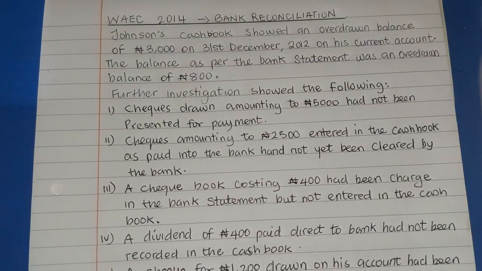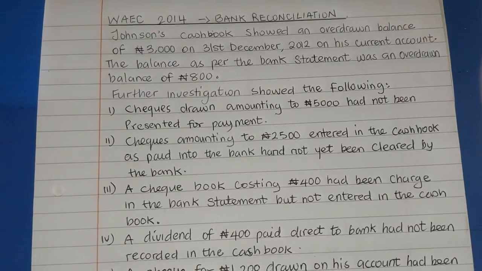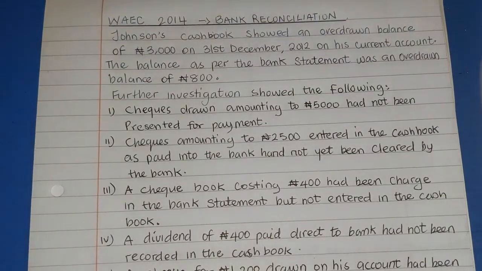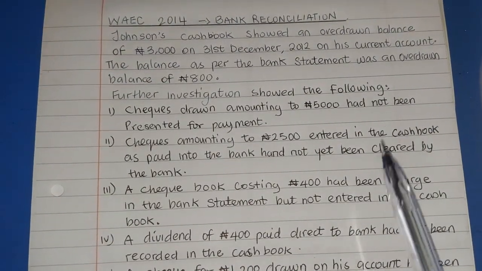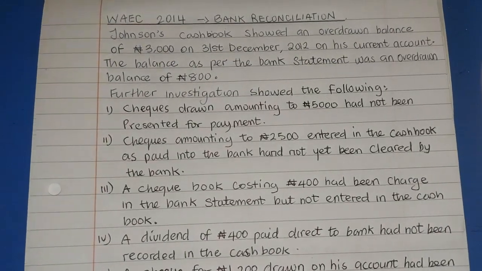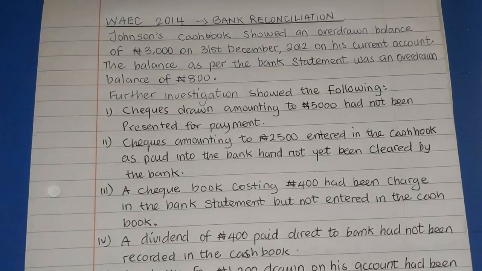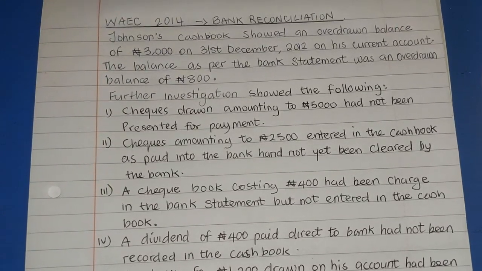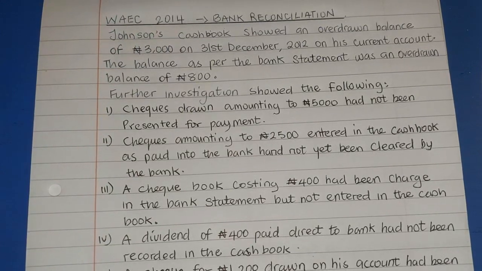All right, so if you have not watched part 1 and 2, please try to do that before you continue with this. I want you to do me a favor by reading through this question. You can pause your video and read through it. If possible, write the question down so that you follow as we solve it.